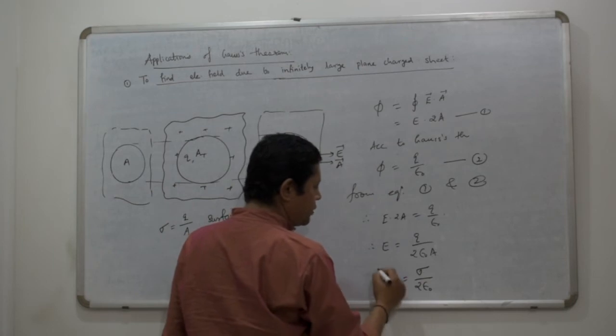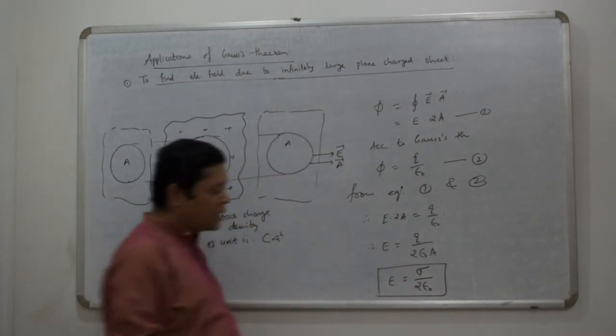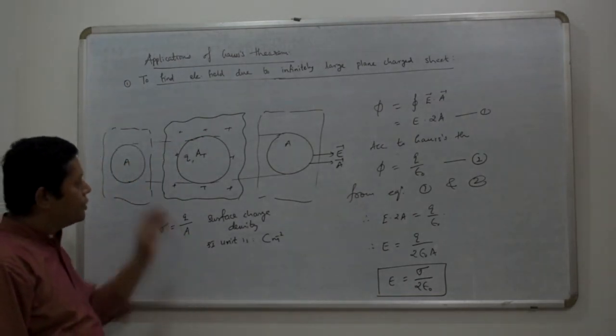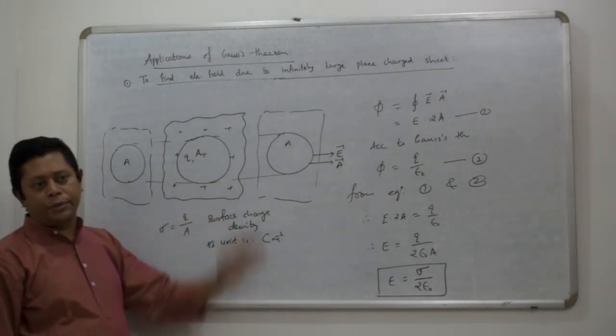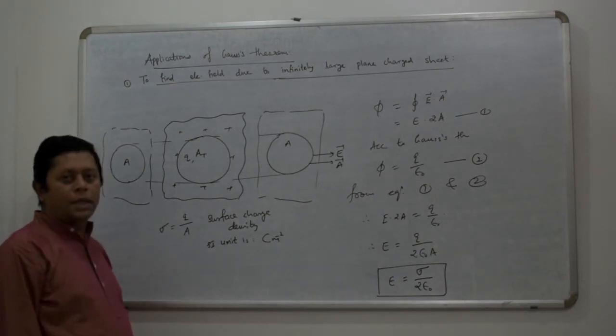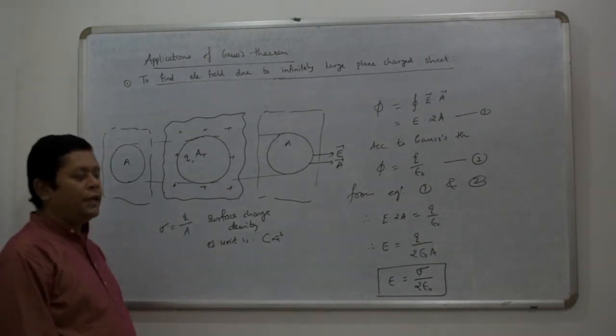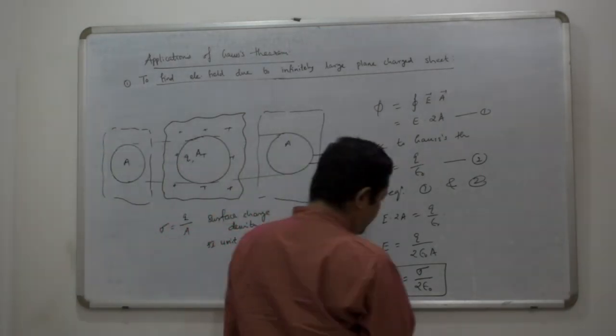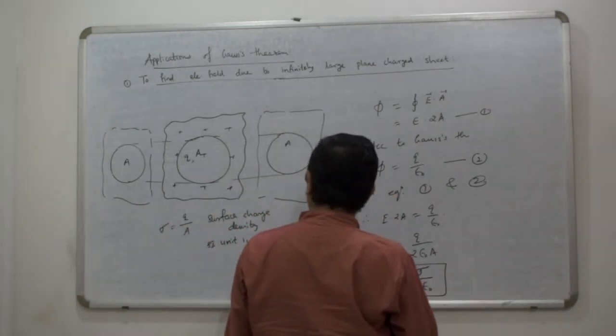So this is the equation of electric field. See here, sigma is constant, 2 is constant, epsilon naught is constant, so everything is a constant quantity. So you can say that electric field due to a charge sheet is uniform. It is independent of distance. So this way you can find electric field due to a plane charge sheet.